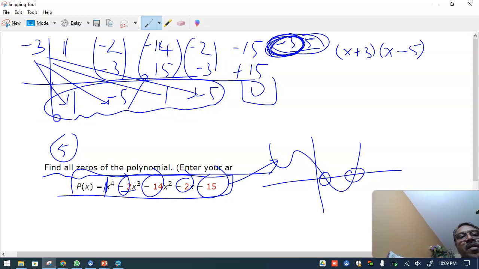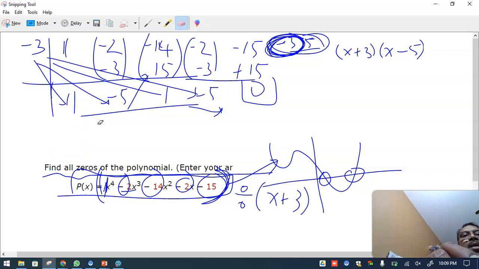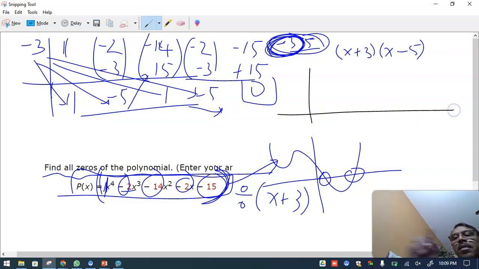You got this part. This is what you use to get a depressed quotient. So when you divide this polynomial by the factor x plus 3, what you get is this one. So I'm going to use this one. Let me write another one separately.